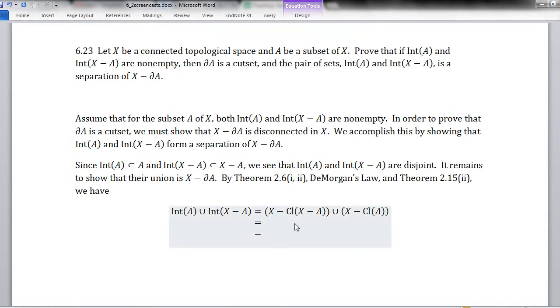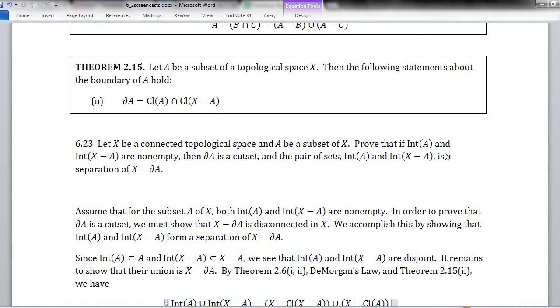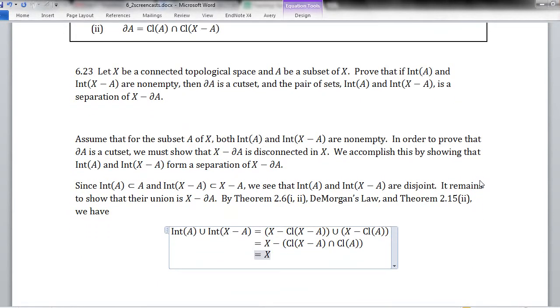So this becomes the complement of the intersection of the two closures, the closure of X minus A and the closure of A. Good. And finally, by Theorem 2.15 part 2, the intersection of the closure of A and the closure of its complement is exactly the boundary of A. Okay. So this is just what we wanted, the complement of the boundary of A.